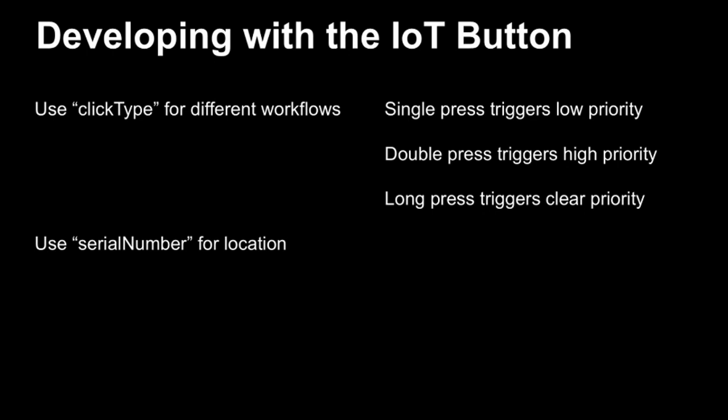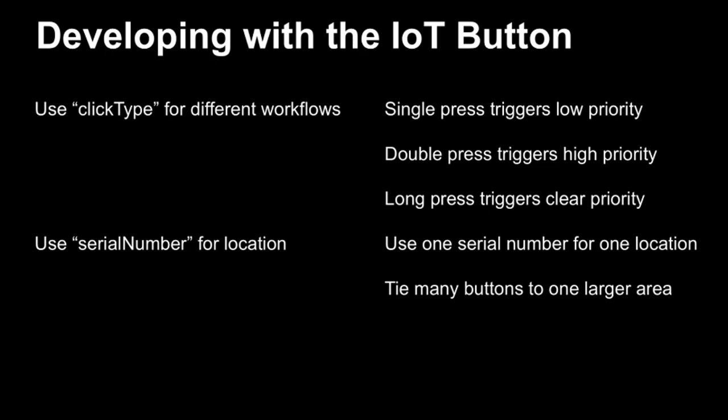We can also use a serial number for driving location. You can use a serial number to drive one specific location. So if you place several buttons throughout a facility or a specific area, each button might be tied to a specific shelf or aisle or lane, and that allows you to have one location for one individual button.